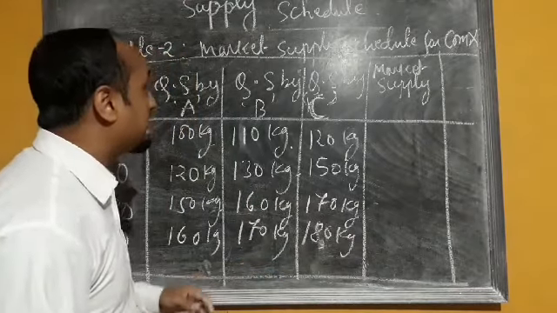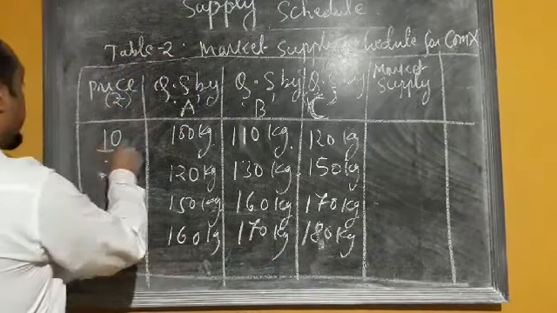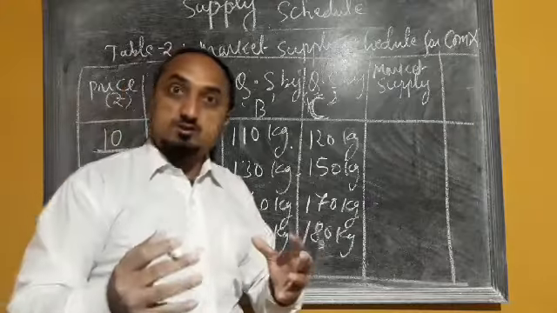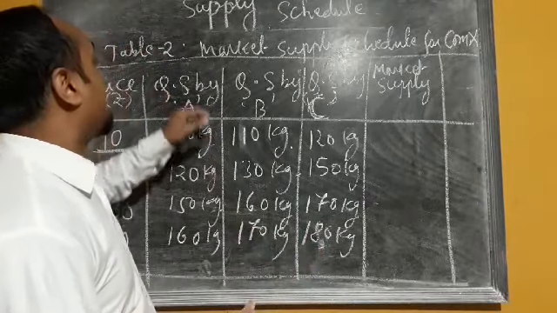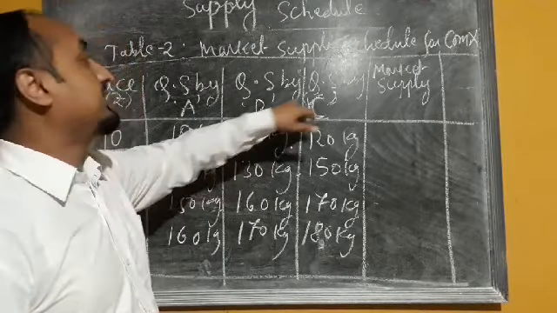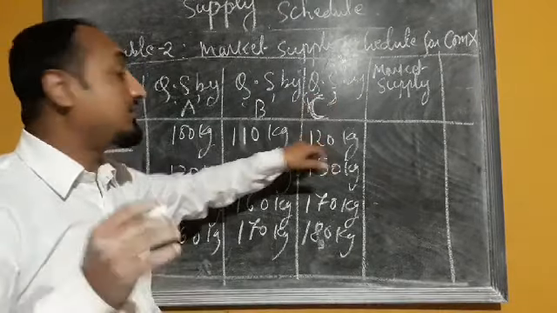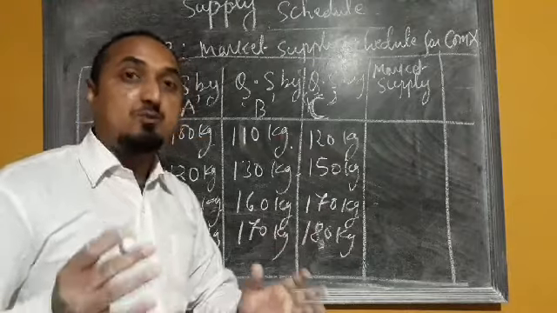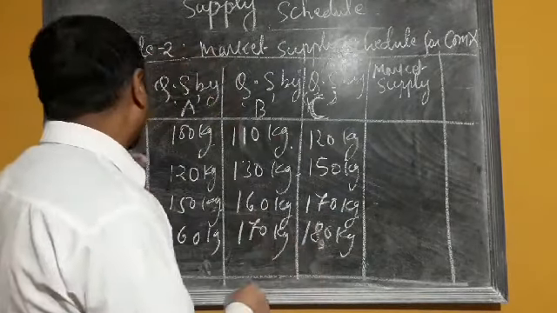Now at price 10 we will calculate the total supply. Total supply means quantity supplied by producer A plus producer B plus producer C. We will add all this, and whatever comes will be our market supply at rupees 10.